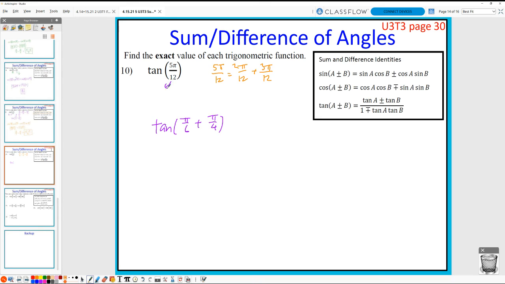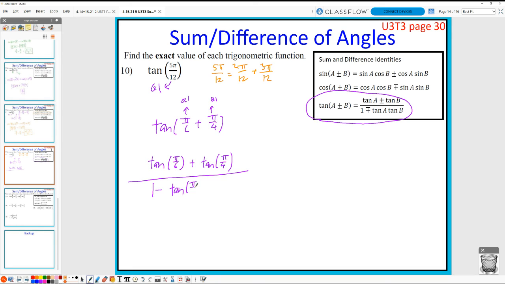Again, this is quadrant 1, this is quadrant 1, this is quadrant 1. Following my tangent formula, I have tan of pi over 6 plus tan of pi over 4 all over. The sign changes in the denominator. This is plus, so the denominator becomes 1 minus tan of pi over 6 times tan of pi over 4.